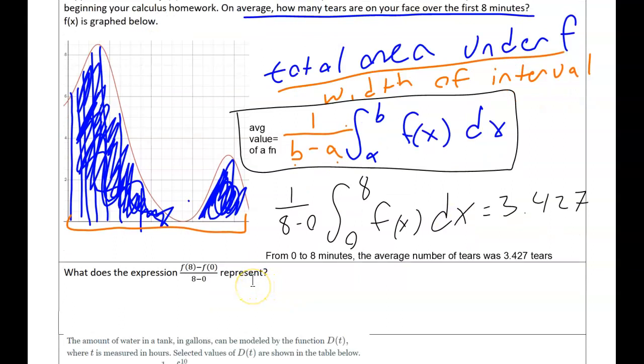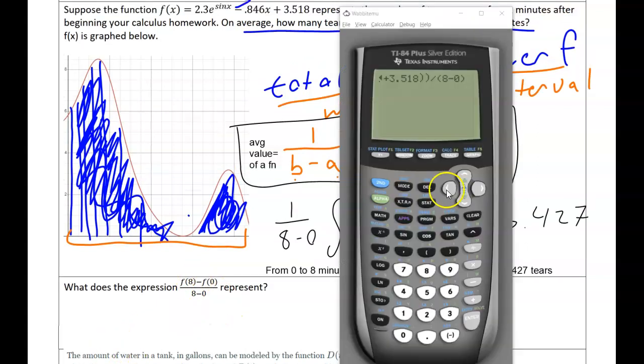But whenever I've taught this, I've always noticed that students get this average value confused with another average that we've taken before. So I've gone ahead and typed in that expression we're considering carefully. I typed in the whole function, plugging in 8 for x, that's f of 8, and then minus f of 0, so replace x with 0, and then divided by 8 minus 0.